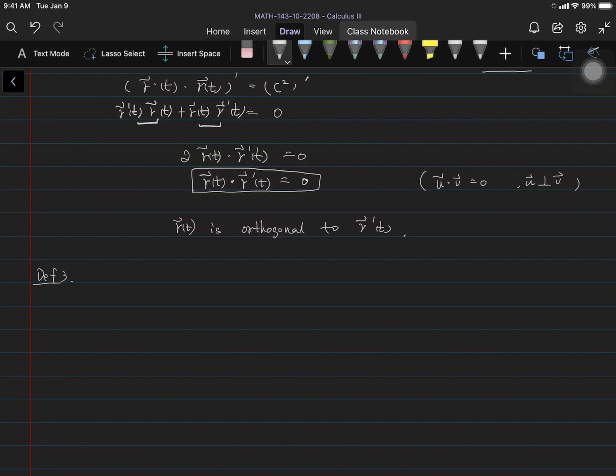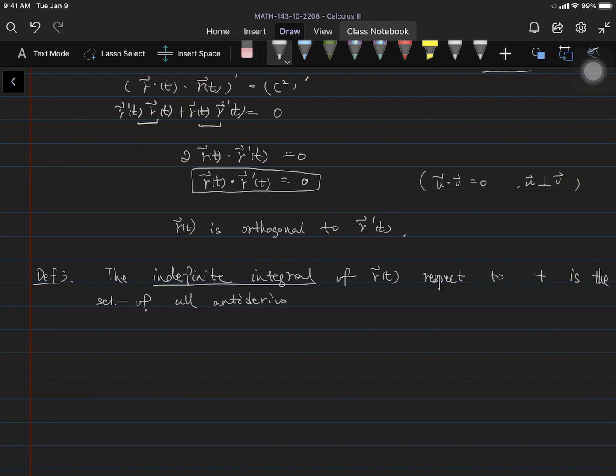The indefinite integral of the vector function r(t) with respect to t is the set of all antiderivatives of r.